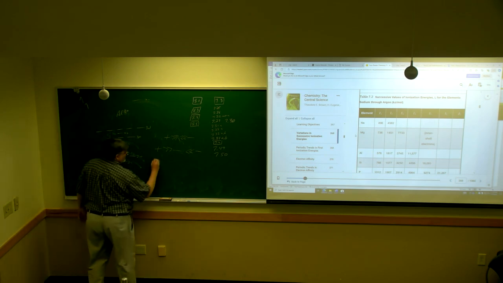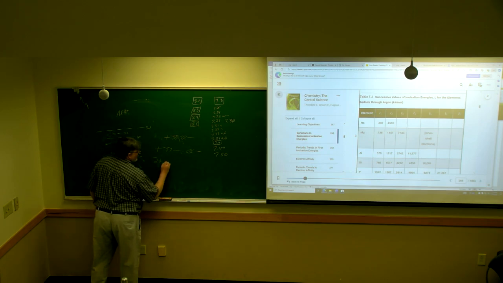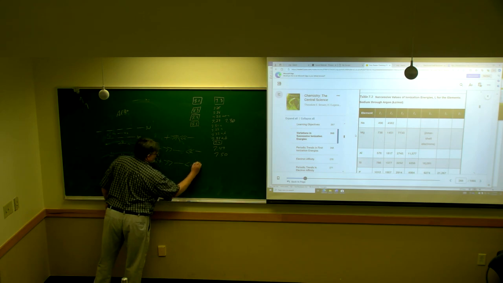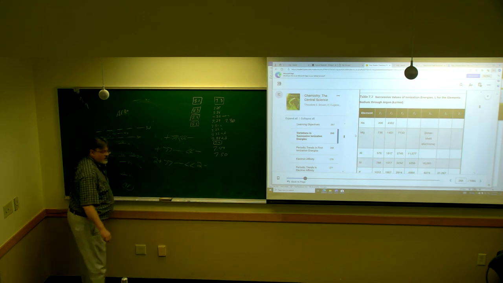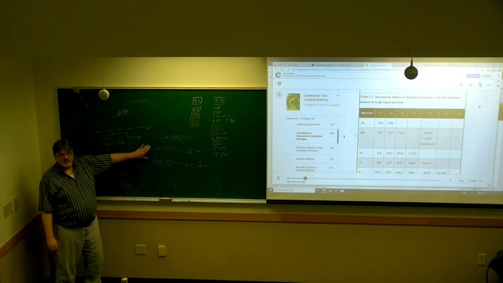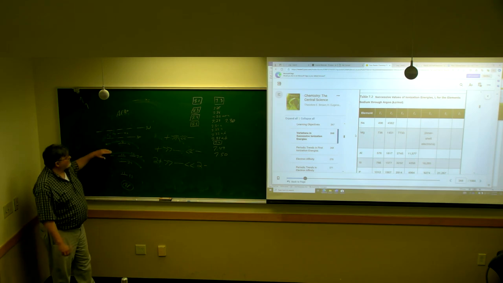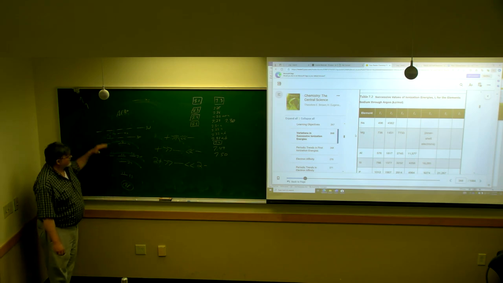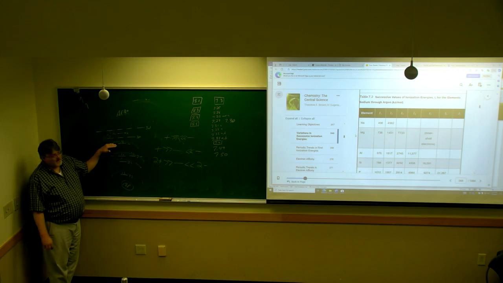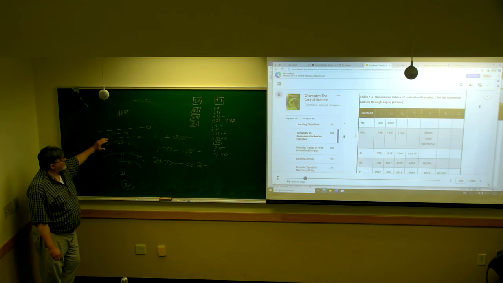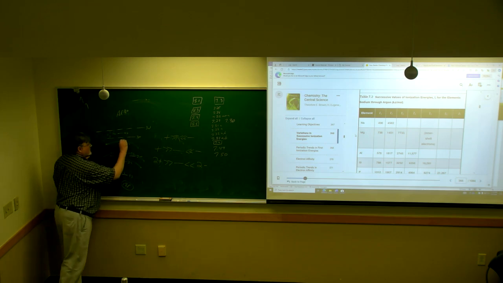Similarly, the higher the charge at the same distance, the stronger the attraction. So this one is further away from the nucleus than these. Weaker attraction. Everything I'm telling you is counterintuitive.